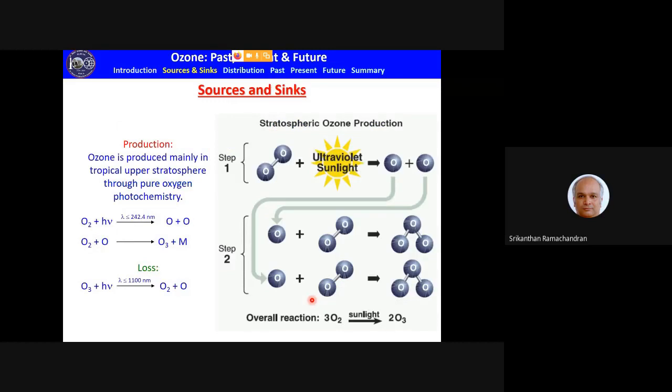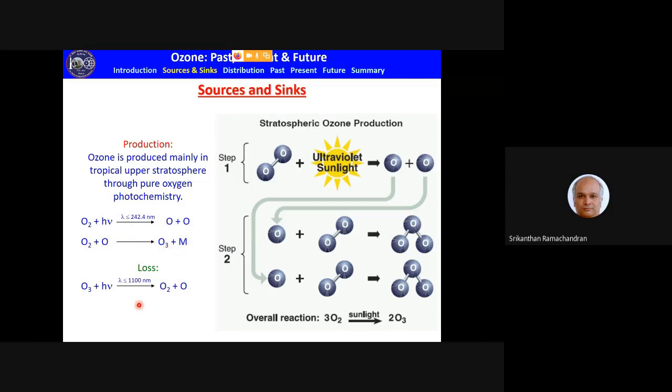How is this produced? Ozone is mainly produced in the tropical upper stratosphere through pure oxygen photochemistry. Oxygen molecules, under radiation of wavelength less than about 242 nanometer, get broken into oxygen atoms, which then combine with an oxygen molecule to form the ozone molecule.